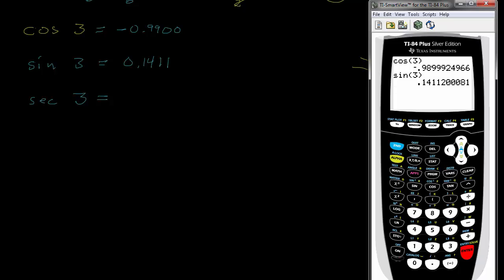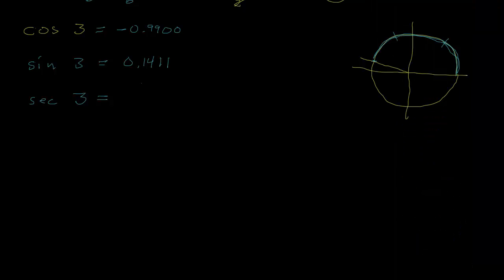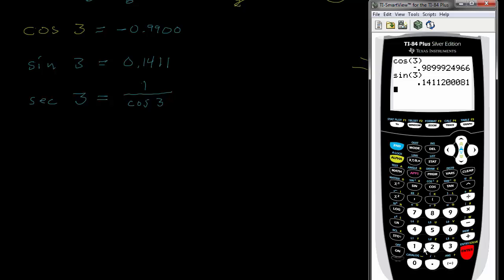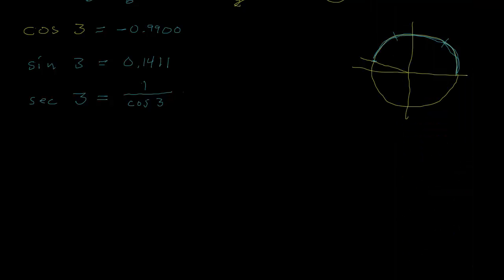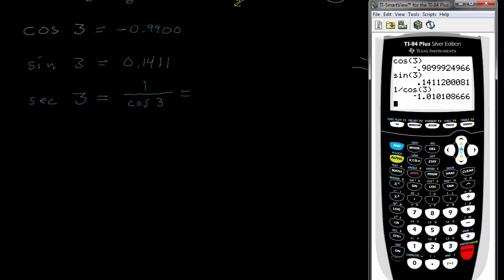The secant, though, we know is the reciprocal of the cosine. I misspoke earlier. So to find the secant, we say, well, 1 divided by the cosine of 3. That's the secant. I have to look at it again. Negative 1.0101.